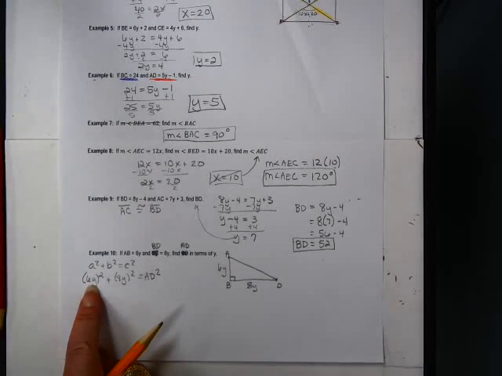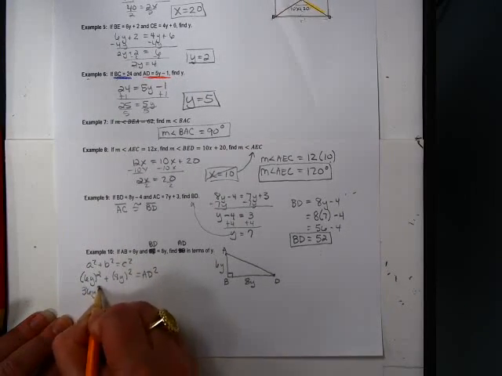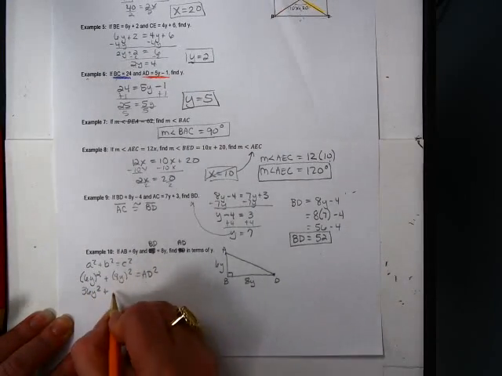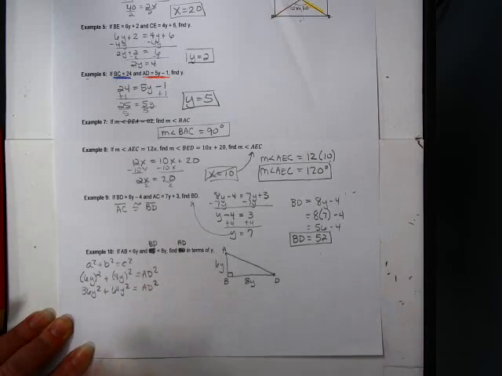Now, when I square this, I have to square the number and I have to square the variable. So this is going to be 36y squared plus 64y squared equals AD squared.